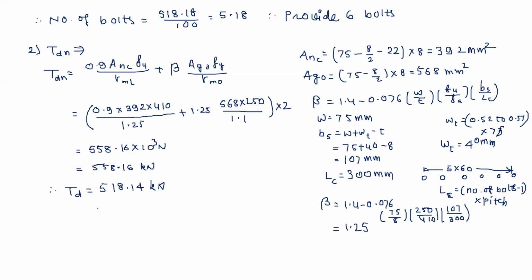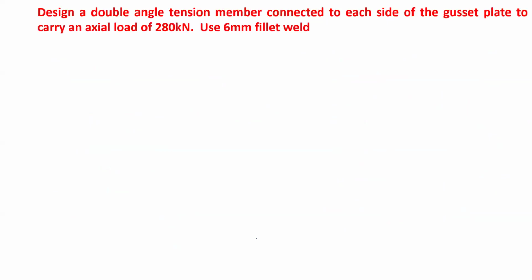So tensile strength of 2 IS 875 is 518.14 kilonewtons. So this is one, that is analysis.